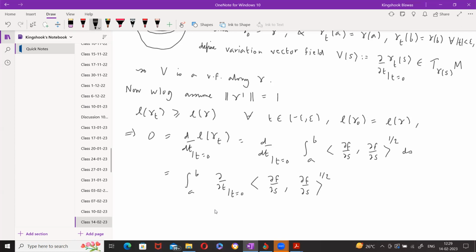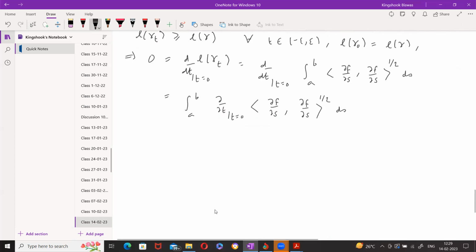Now, by the chain rule, this will become half times the inner product of del f del s at t equal to 0 with itself, to the power minus half.